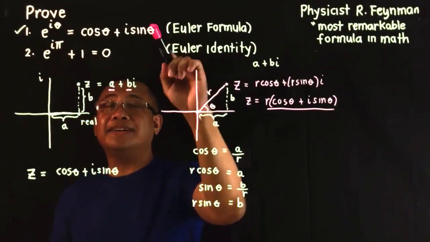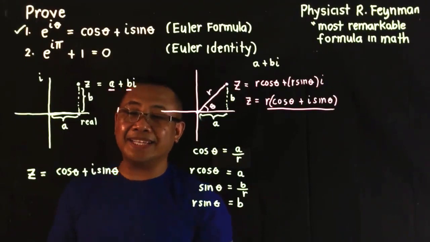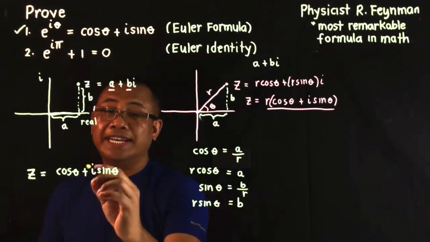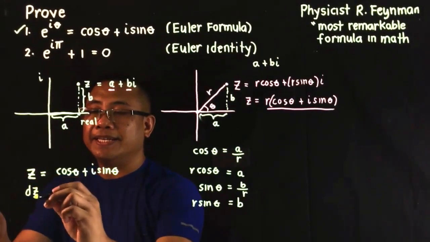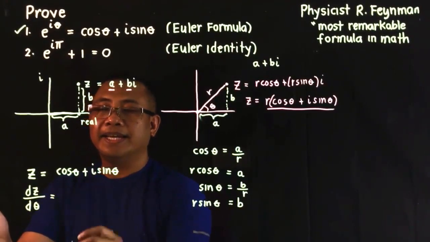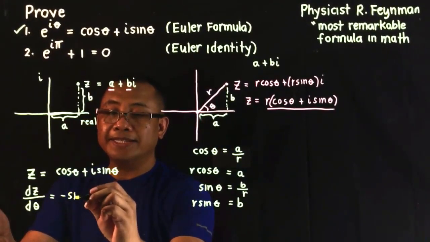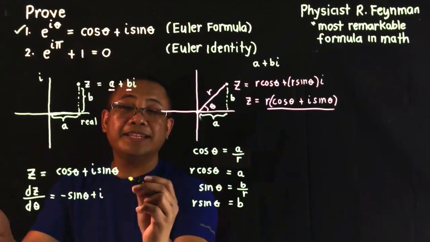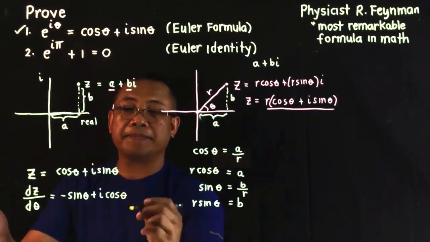So in our derivation now, let's begin with z equals cosine theta plus i sine theta. Let's get the derivative of z with respect to the angle theta. So we have dz over d theta, and that is equal to the derivative of cosine theta, which is negative sine theta, plus i times the derivative of sine theta, which is cosine of theta.